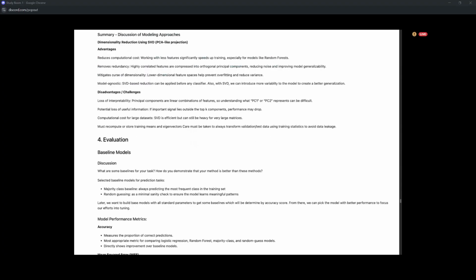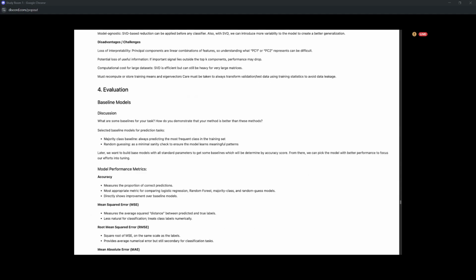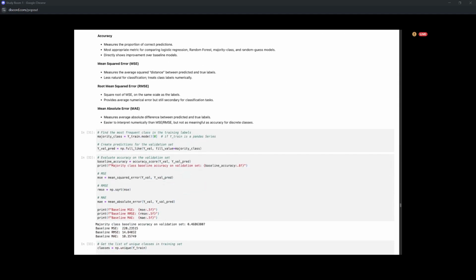So again, like we mentioned earlier, we have two baseline models: majority class and random guessing. Let's go through the performance. We measure performance by accuracy, which is just the proportion of correct predictions, mean square error, root mean square error, and mean absolute error.